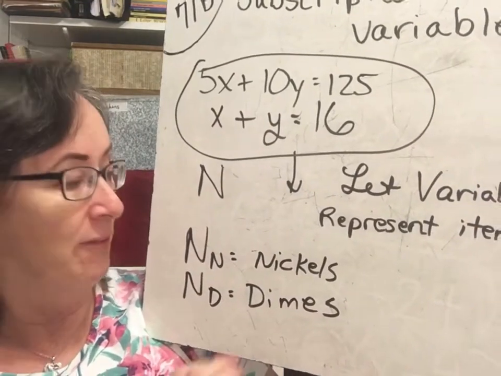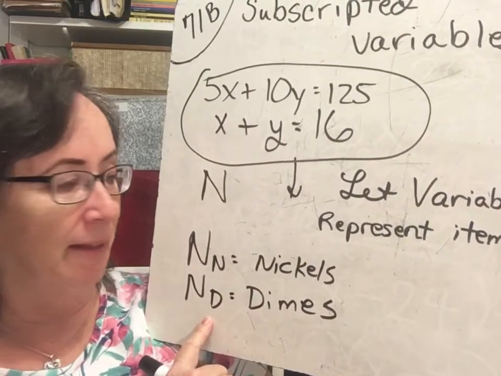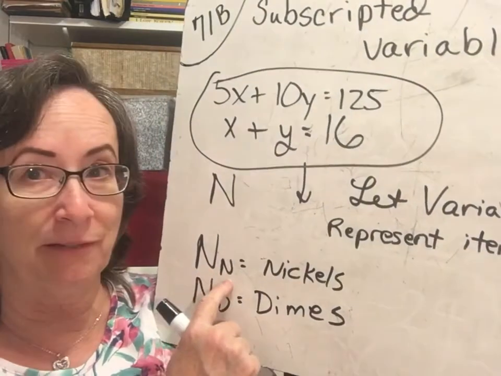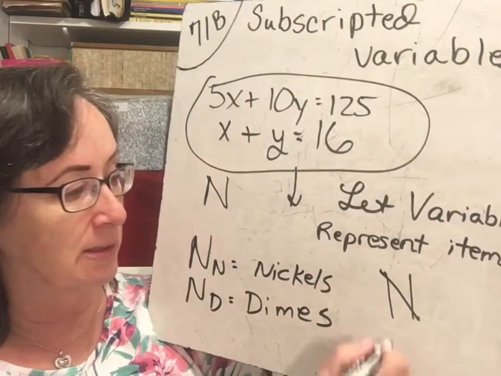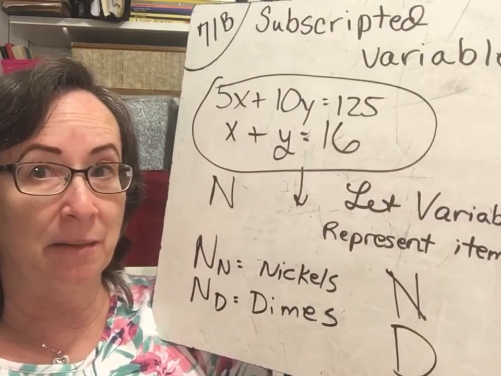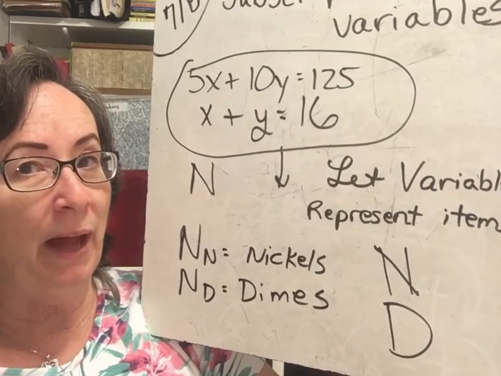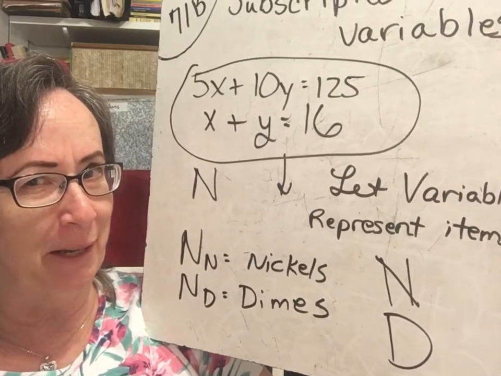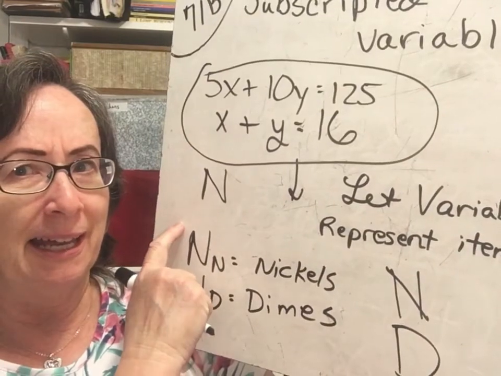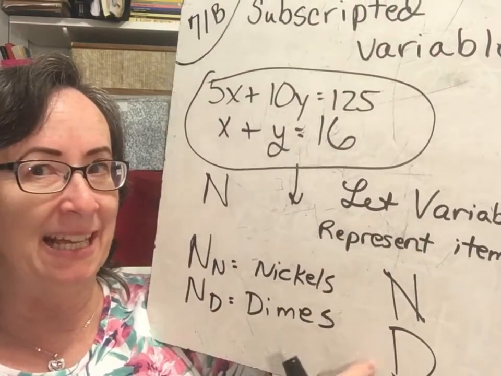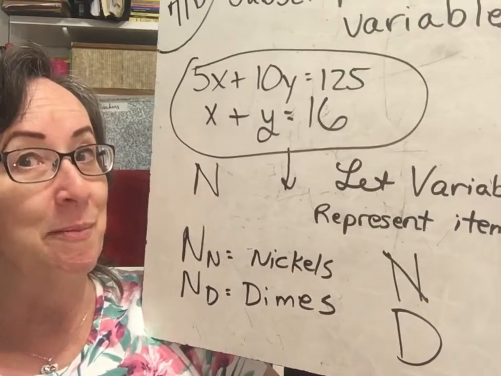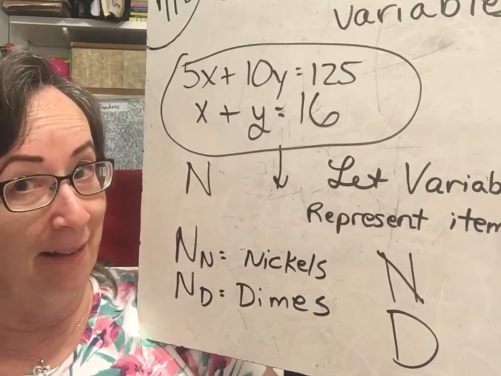Actually, very often when I'm doing a problem like this, instead of number of nickels, I will just let n be my number of nickels and d be my number of dimes. So you have absolute freedom with variables, whether you use n sub n or n sub d, or whether you use n and d for nickels and dimes, matters not at all.